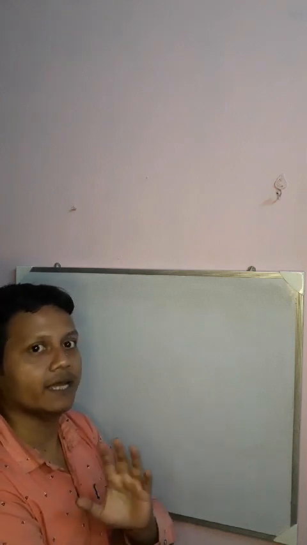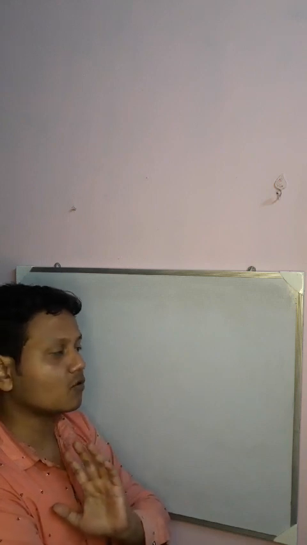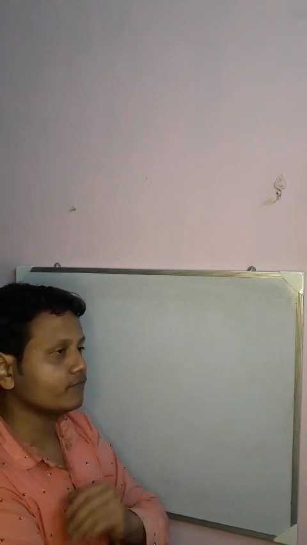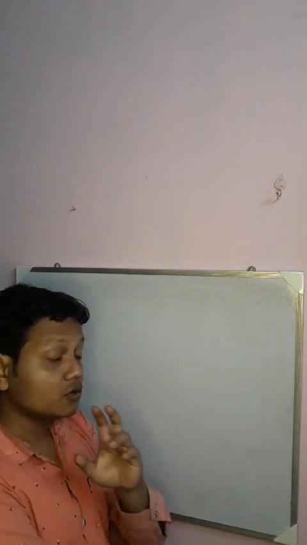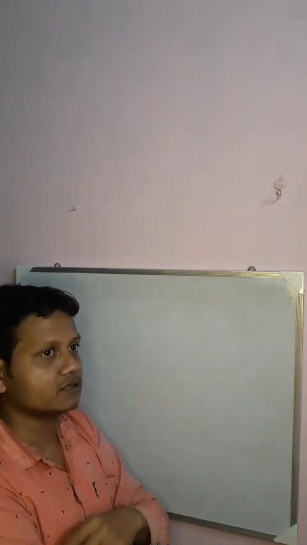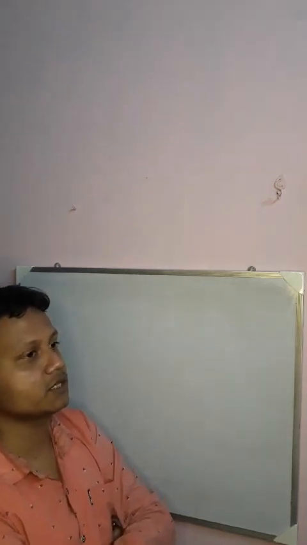We also found the value of the JT coefficient for a van der Waals gas, and there arise three different cases: heating, cooling and inversion. So we have already introduced the concept of inversion temperature. Now in today's lecture I am going to discuss the existence of two inversion temperatures. Why?